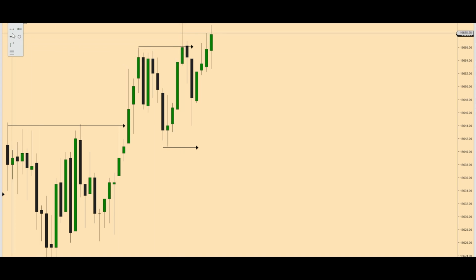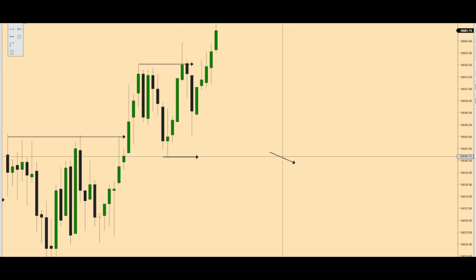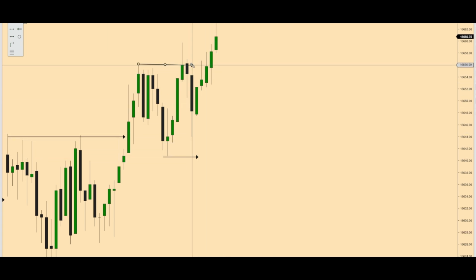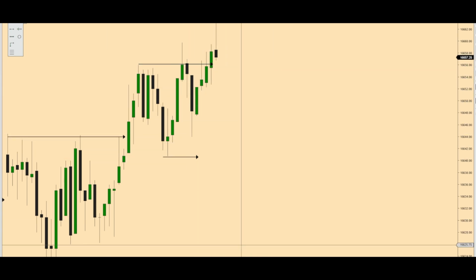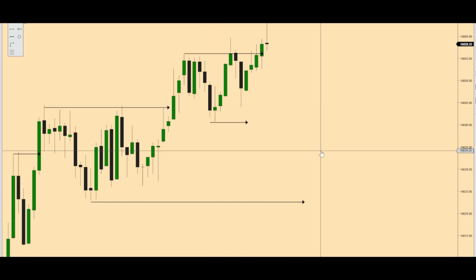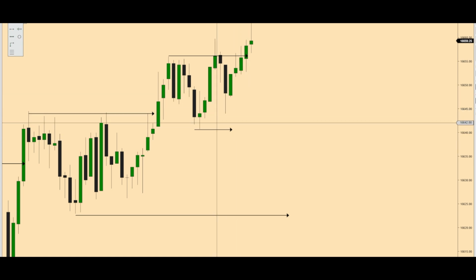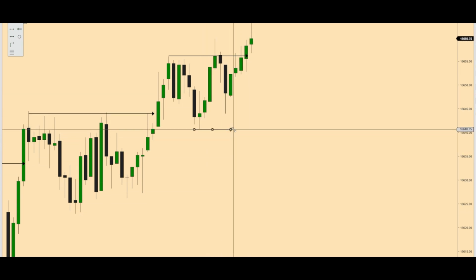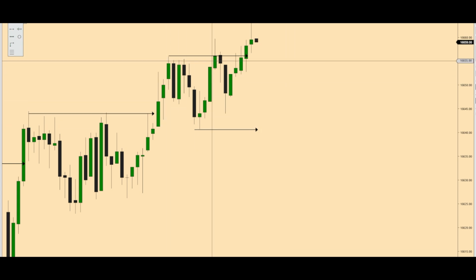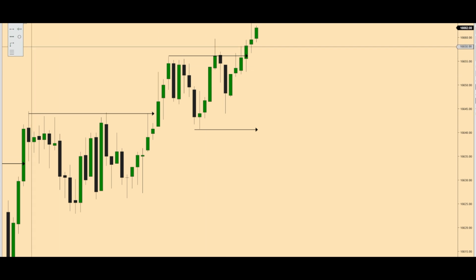But we'll see. Actually, this would count as our candle closure. And so now this is our protected low. This could be our SNDR.